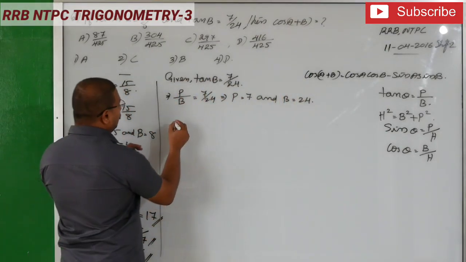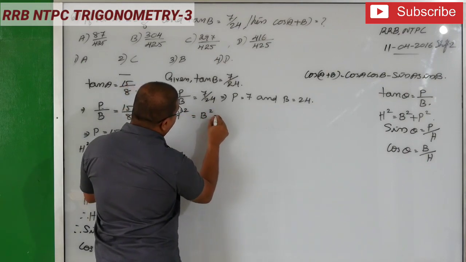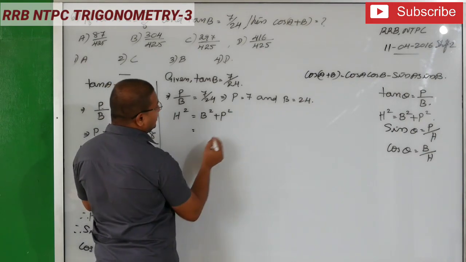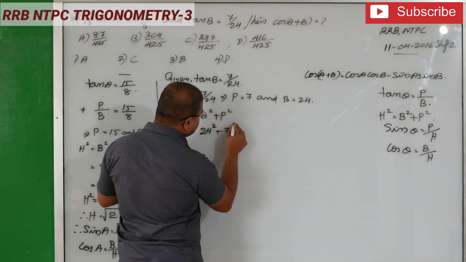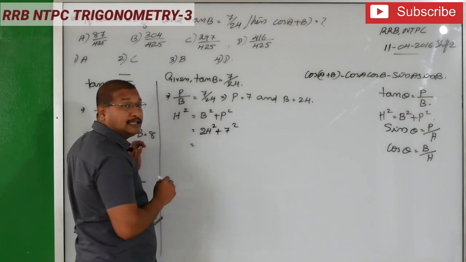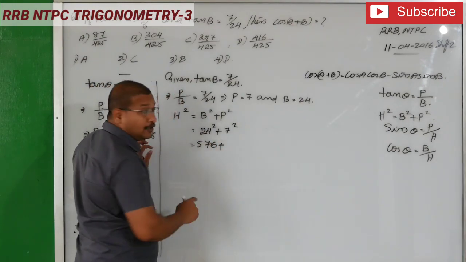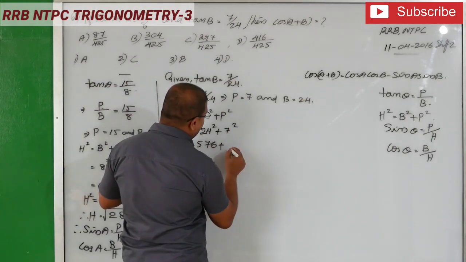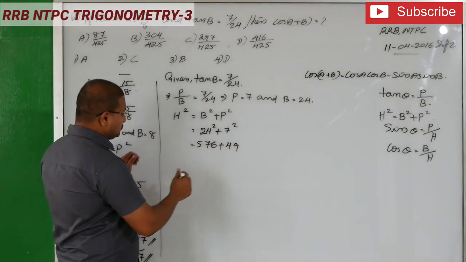Therefore, by Pythagoras theorem we can write hypotenuse square equals base square plus perpendicular square. What is the value of base? Base is 24. So 24 square plus perpendicular 7 square. 24 square is 576. 576 plus 7 square, 7 into 7, 49. Ready? Equals, what will you get?